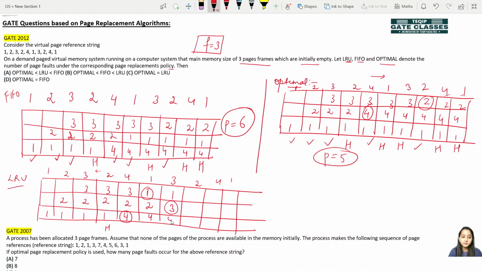And then 2 arrives. 3 is here, 1 is here, 4 is far away, so I will replace it. Now 4 arrives. 2 is here, 3 is here, 1 is far away, so it will be replaced by 1. Then 1 arrives at the end: 2 is here, 3 is here, 4 is far away, so it will be changed here.